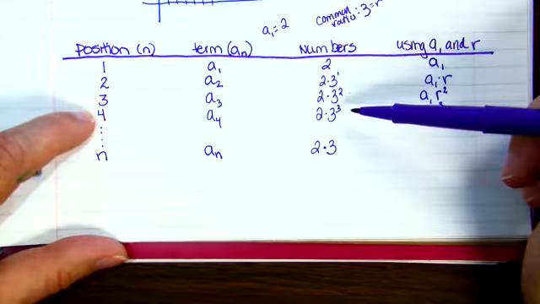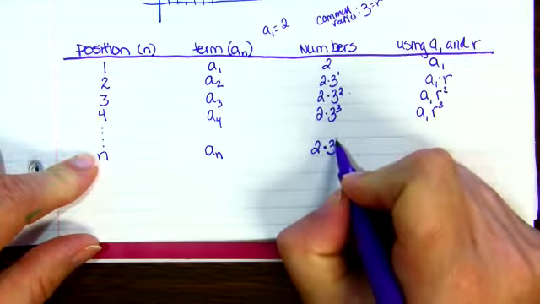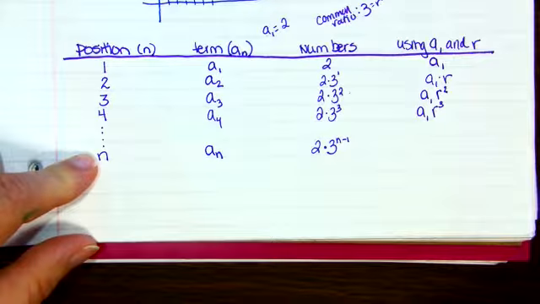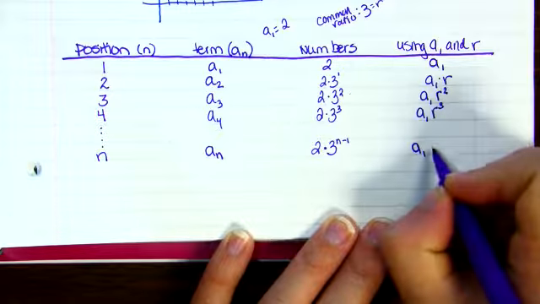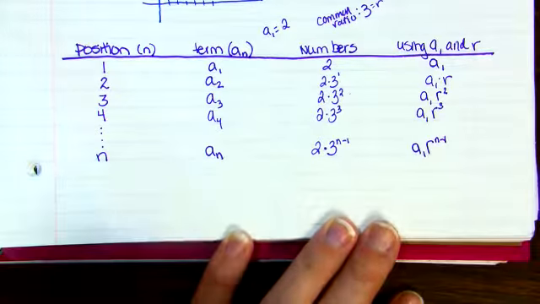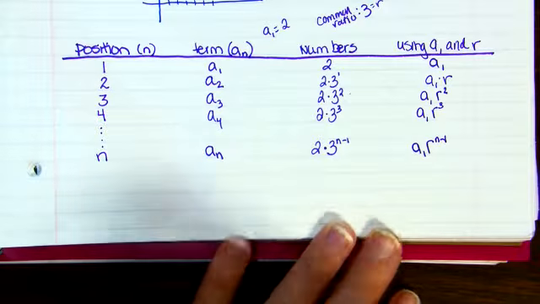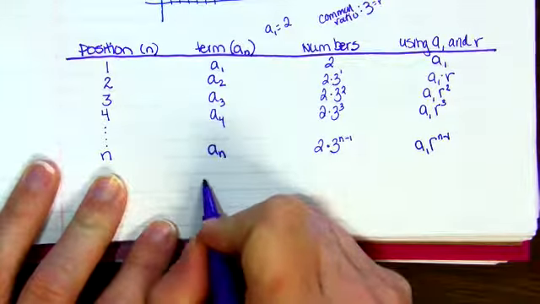For 4, it's 3. So it looks like my exponent is 1 less than the position number. So I would call that n minus 1. Or just using general terms, I take my first term and I multiply it by my common ratio to the n minus 1 power. So this is where my formula is going to come from.